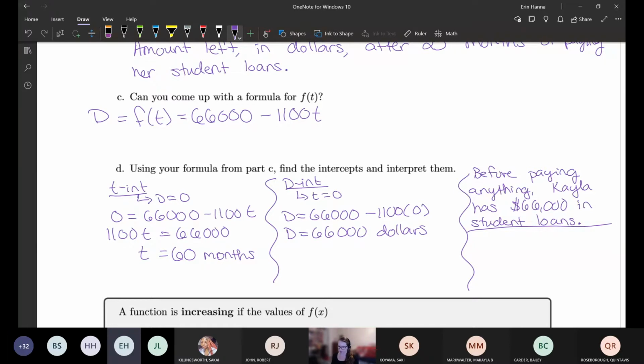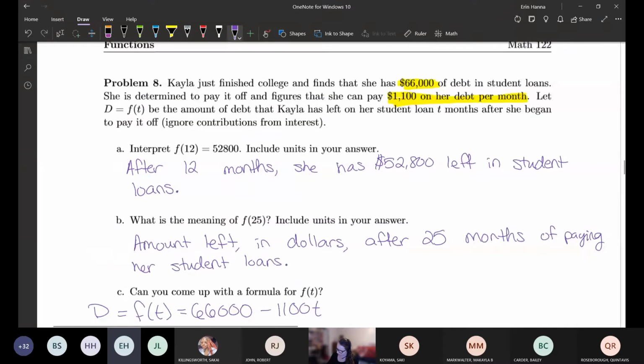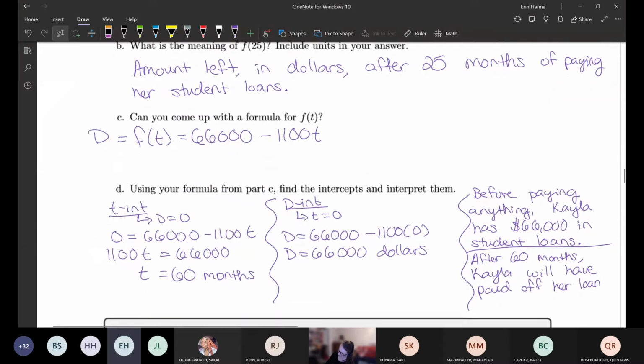I'm just going to go ahead and be a bit more generic and just say after 60 months, Kayla will have paid off her loans. I don't remember if she had multiple ones. Again, you could say something like after 60 months, Kayla will have $0 left in student loans.